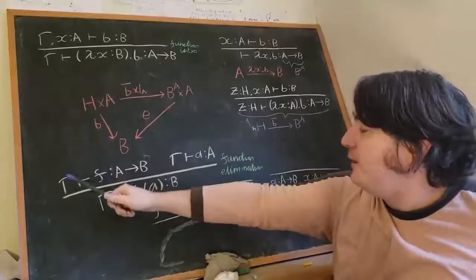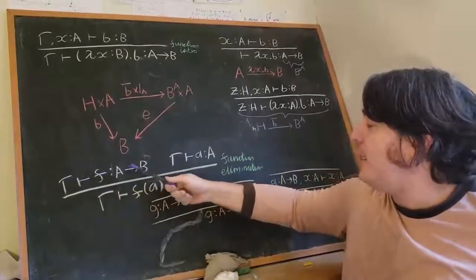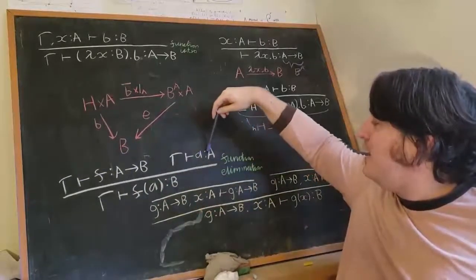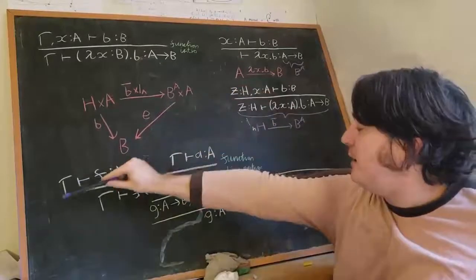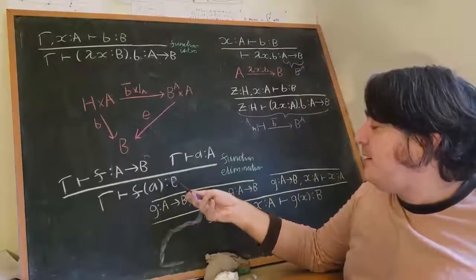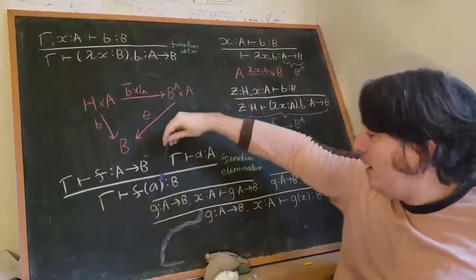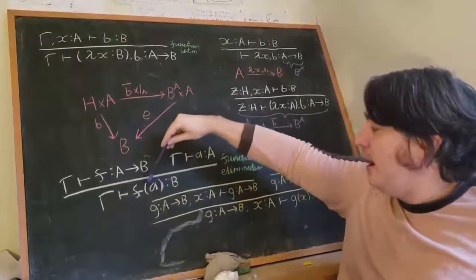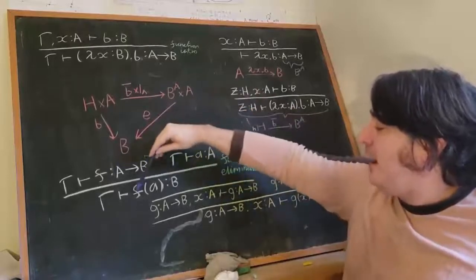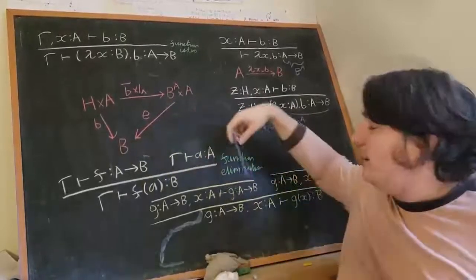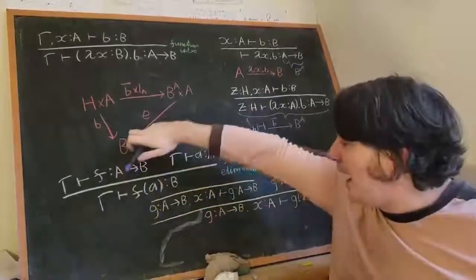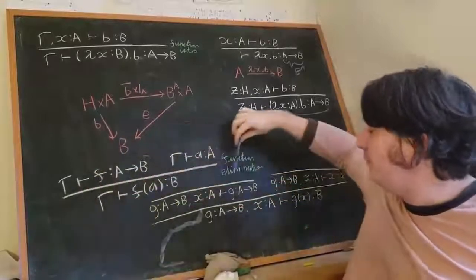It says, if in a context gamma, we have a function f from A to B, and also we have a value little a of type capital A, then in the same context gamma, we have this value f of a of type B. So notice we write the f, and then we put the input in brackets. And since the f maps A to B, and the little a is of type A, f of a is of type B. Okay, so this is sort of formalizing, at least type-wise, how function evaluation works.